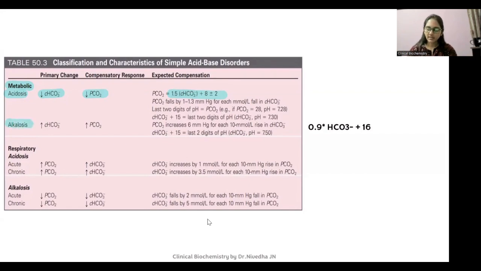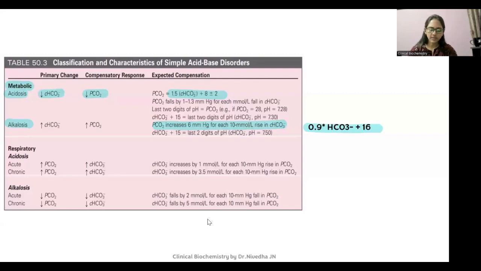Similarly, for metabolic alkalosis, the compensation given is that PCO2 increases 6 mm Hg for each 10 mEq rise in bicarbonate, but we also have a formula: 0.9 into bicarbonate plus 16, plus or minus 2.